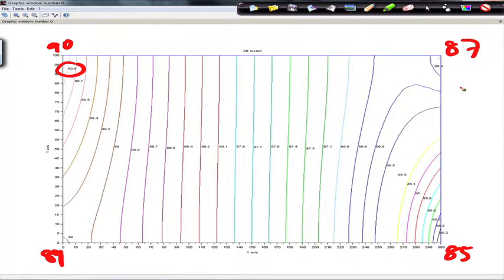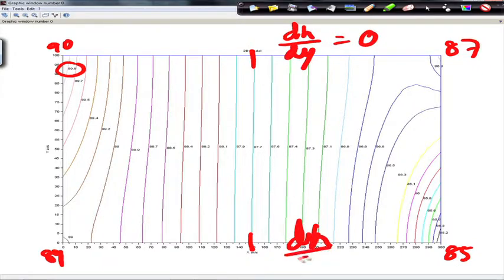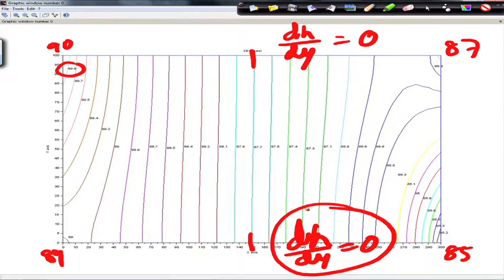Another important point is this contour lines are perpendicular to this boundary and this boundary, because we have dH by dy equals to 0 for these two boundaries. That means in that direction there is no variation or no flow condition.